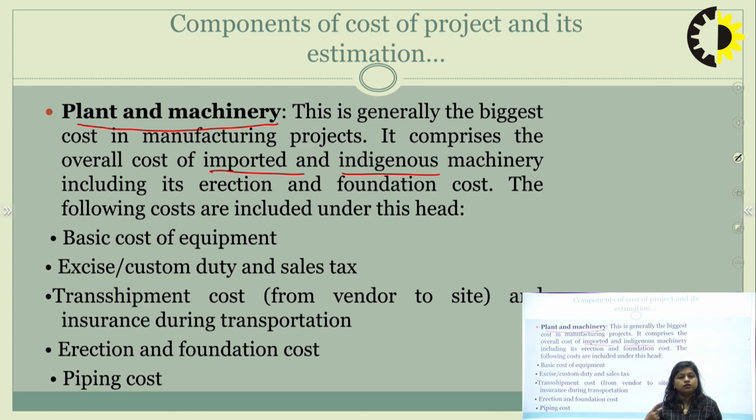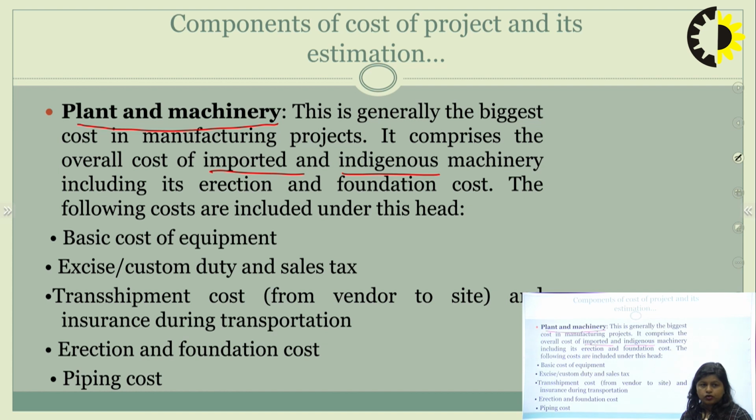We need to consider the cost of both kinds of machinery, whether imported from another country or purchased from your own country. All types of cost, from erection to foundation, we need to consider. So in this head, the following costs are involved.